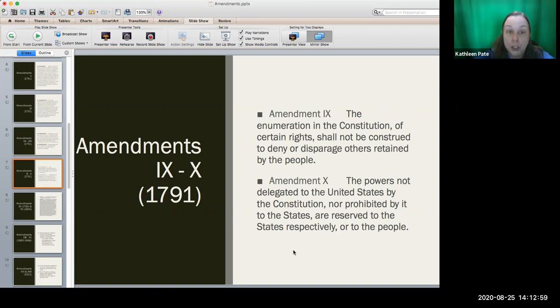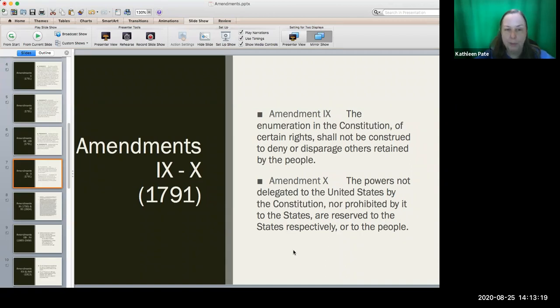Okay, so 229 years ago, the Bill of Rights, the first 10 amendments, ratified by the states. Since then, we've only changed the Constitution 17 times.